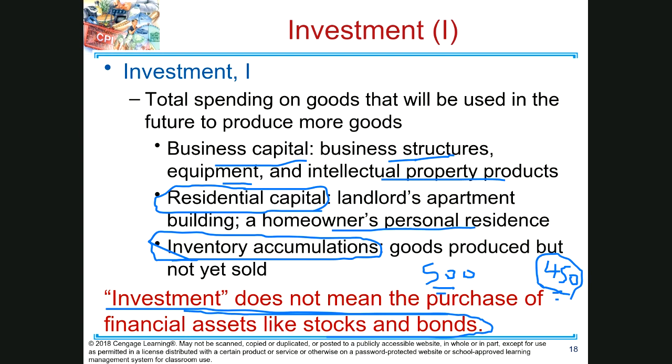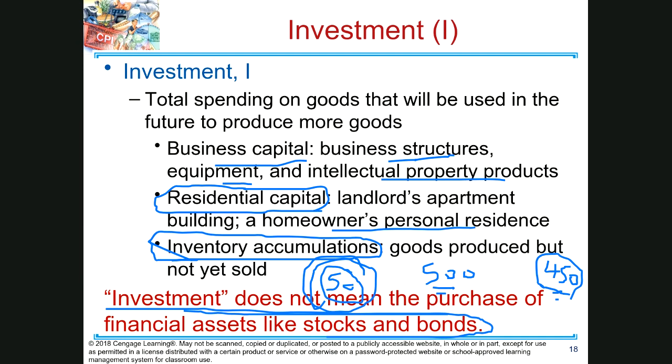But what happened to those 50 unsold cars? They go to inventory. Come back next year, maybe two years later, then it's sold. We put this as an inventory build-up, and we put it as an investment in that year. Inventory accumulation goes to investment for that year. Whatever the value of the 50 cars was, it goes to investment for that year.